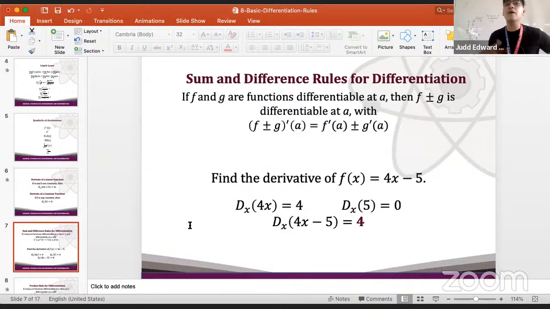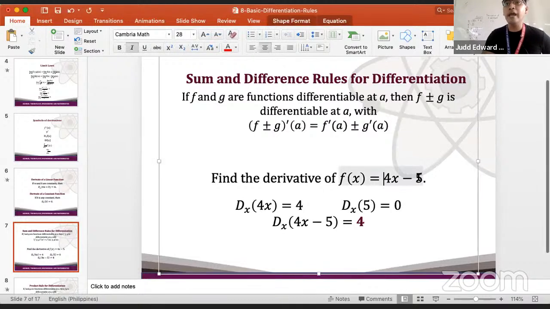So, let's now have the sum and difference rules for differentiation. So, it's just like our limit law. So, yung limit law natin, if it's addition, if it's subtraction, paghiwalayin lang natin siya ng symbol na meron siya. So, kung addition plus, kung subtraction minus. So, just like this one, ito ay subtraction. Pero, it falls under linear function.